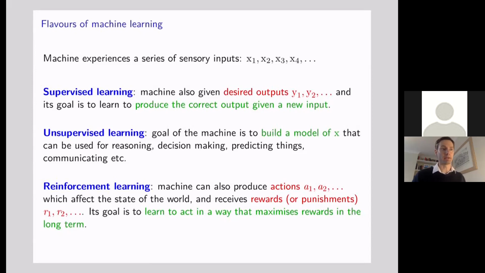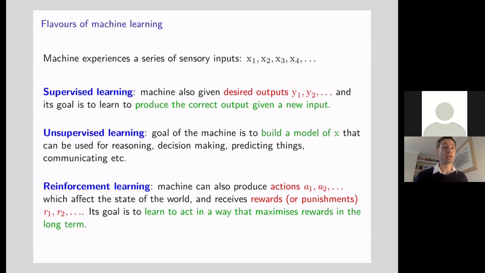So that's unsupervised learning. There is a yet more general problem, which in the grandest version of it is called reinforcement learning. In reinforcement learning, you get your X's, and the machine also has to produce actions at each step, called A. So you see X1, you take action A1, you see X2, you take action A2, and so on and so forth.